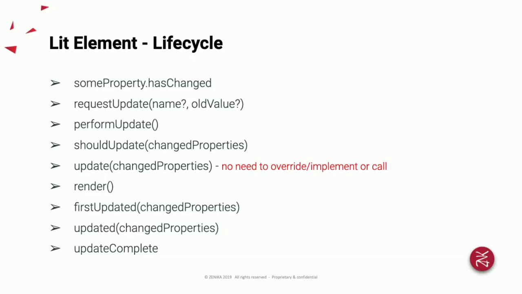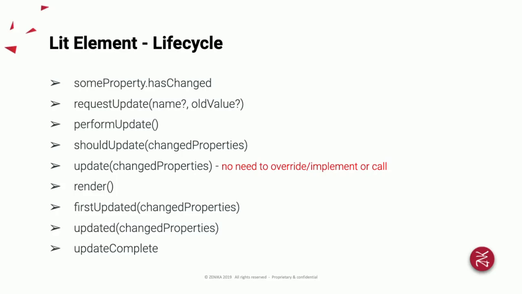After that, it will perform the update, then shouldUpdate. This shouldUpdate is similar, I guess, to the React lifecycle shouldComponentUpdate, wherein by default this returns true, but if you want to prevent the component from re-rendering, you can return false on this part.